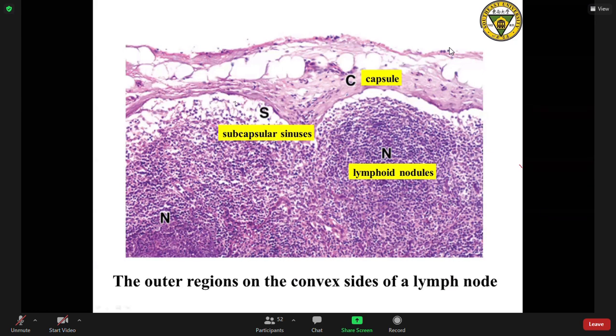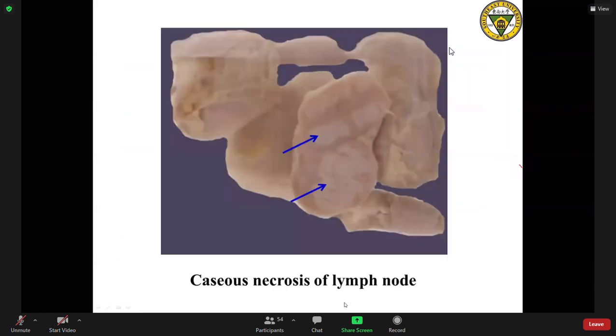In this area you can see the malignant tumor cells in the subcapsular sinus. This is where lymphoid fluid first arrives. It's very simple, with many cells in this area. Okay, it's a normal structure.